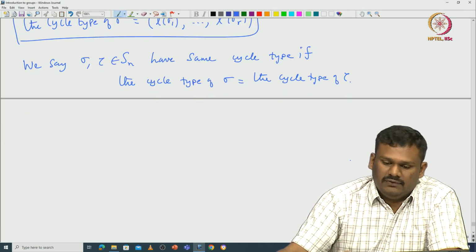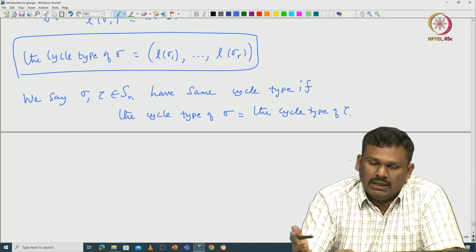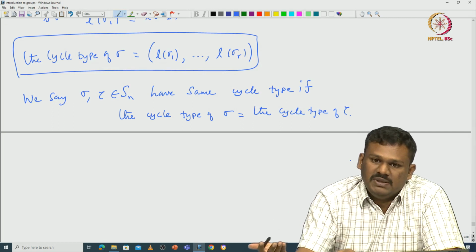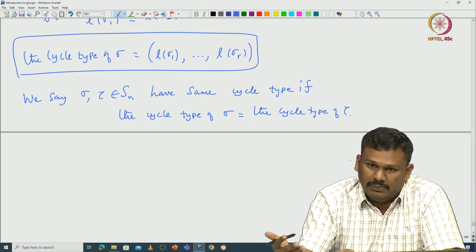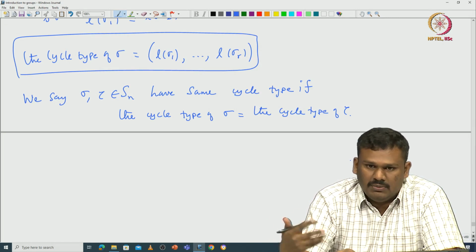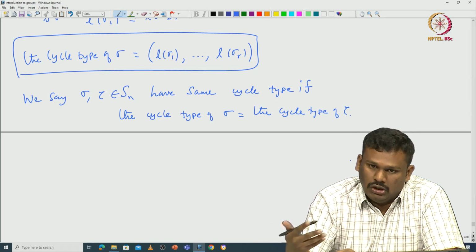What is the meaning of this? That means you write sigma as a product of disjoint cycles. The number of 1 cycles that appear in sigma must be the same as the number of 1 cycles that appear in tau. Similarly, the number of 2 cycles that appear in sigma must be the same as the number of 2 cycles that appear in tau, and so on.